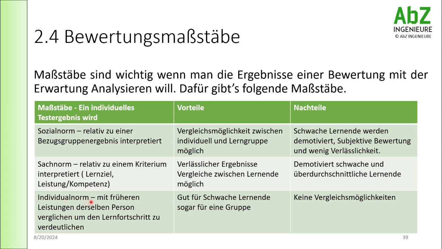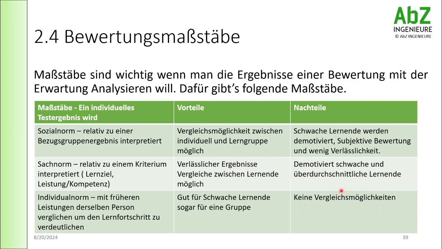Then you have Individualnorm. You are going to compare the student's past performance with the current performance and then come up with the learning progress. This is very good for weak learners and also for a group, saying that the group did badly in the previous midterm test and now in this midterm test the group has performed better.